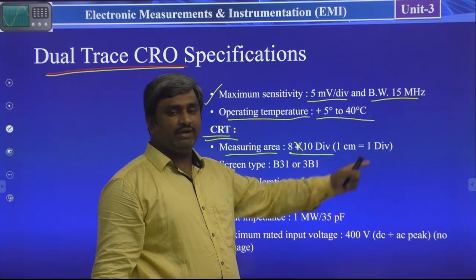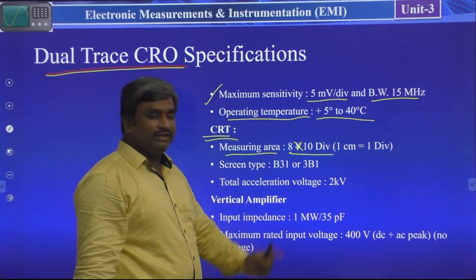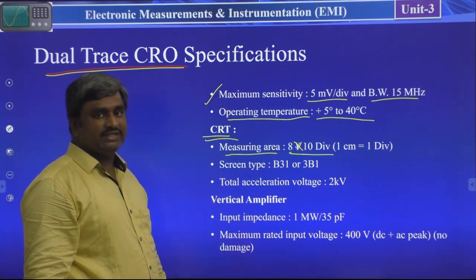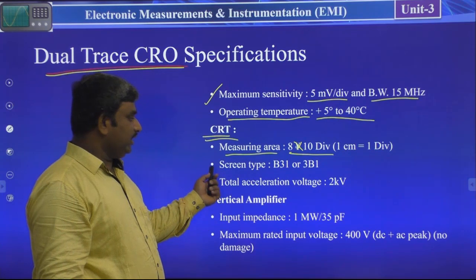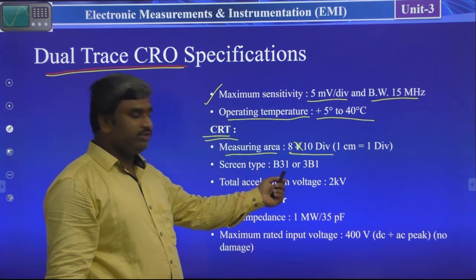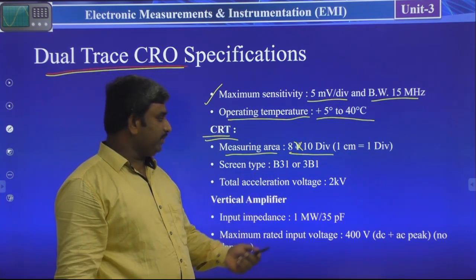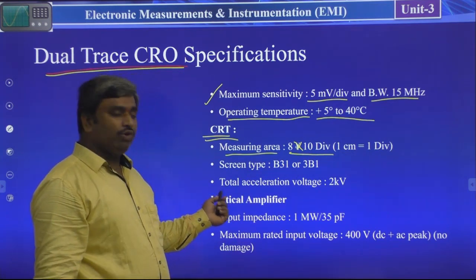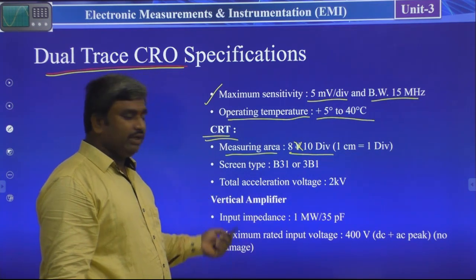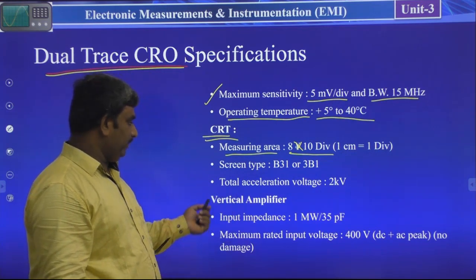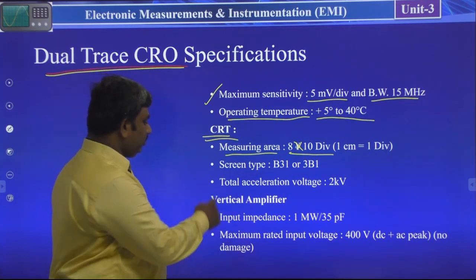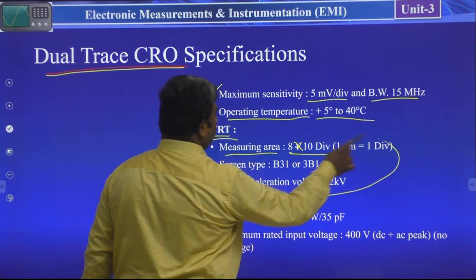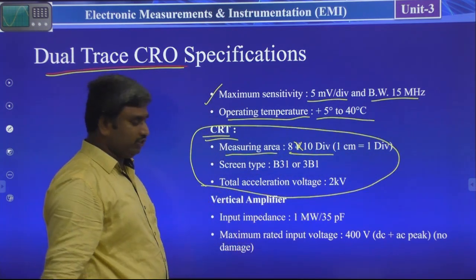So 1 centimeter is equal to 1 division. Totally it has an 8 by 10 centimeter area. Next, screen type. It is using B31 phosphor material or 3B1 phosphor material. Next, the total acceleration voltage is nearly 2 kV. This is about the CRT specifications.